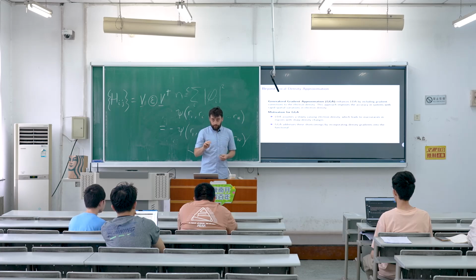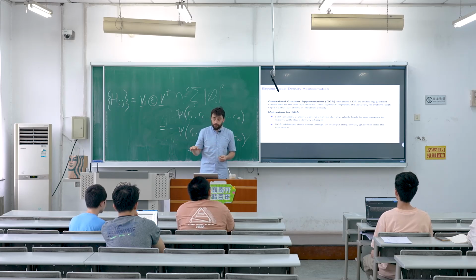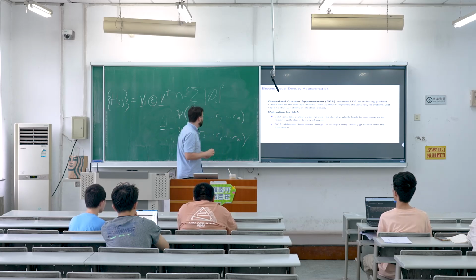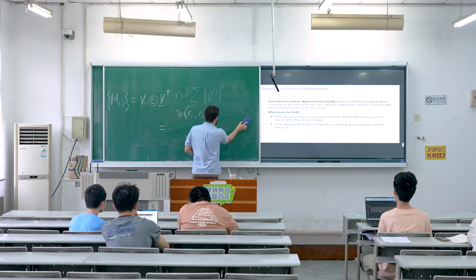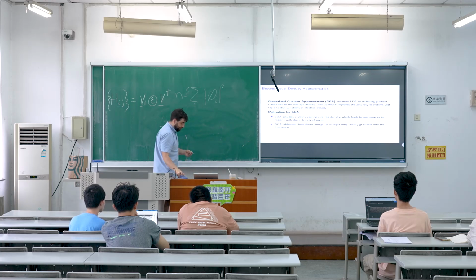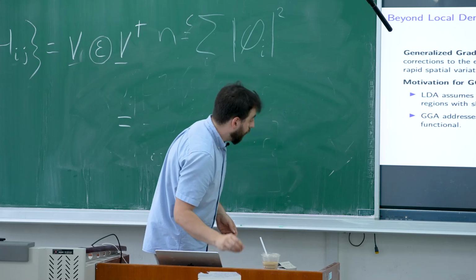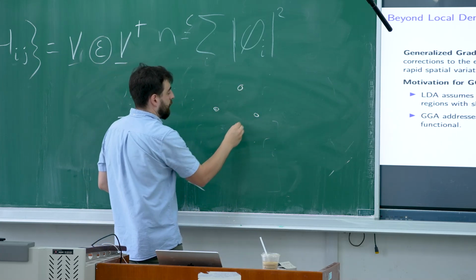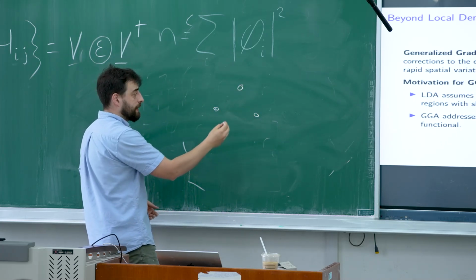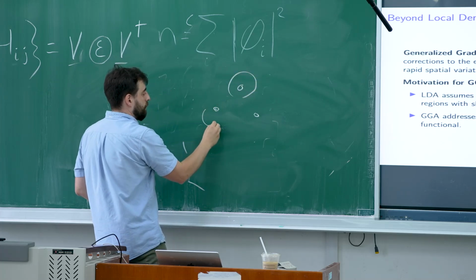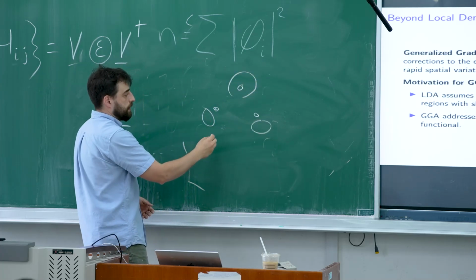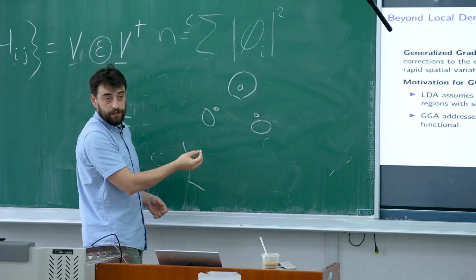The upshot of running solid state metallic calculations is that your density is changing or varying slowly across space. If you have a density in a molecule, what you often find is a density which varies a lot in space.